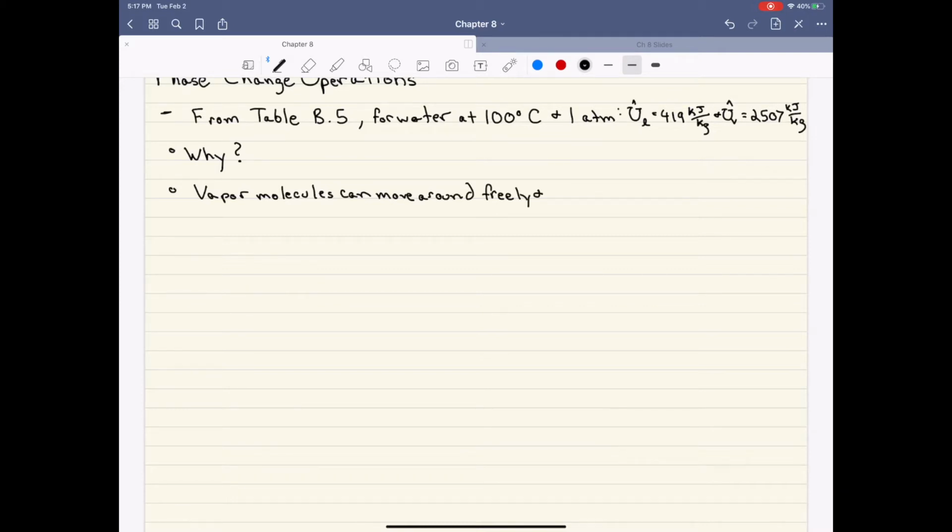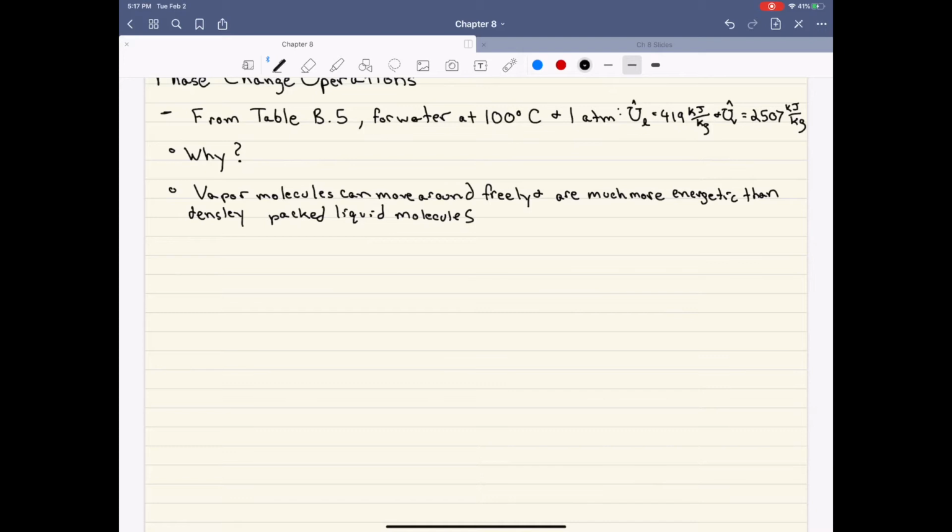And they have much more energy than densely packed liquid molecules. Okay?